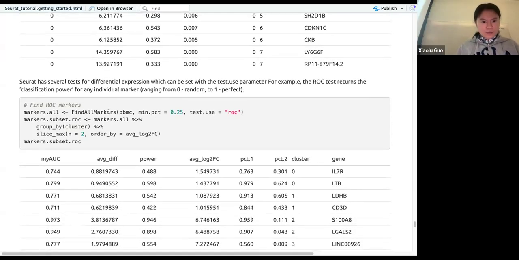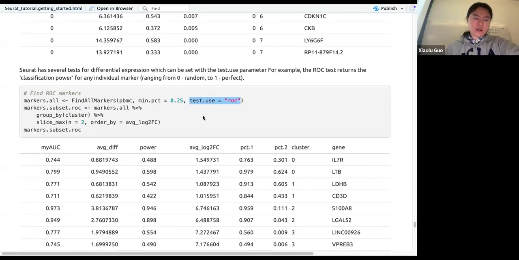By default, it will use the Wilcoxon rank sum test, and we can also use some other test, for example, the ROC test. If you are familiar with statistical learning or machine learning, this usually quantifies how well a binary classifier performs.